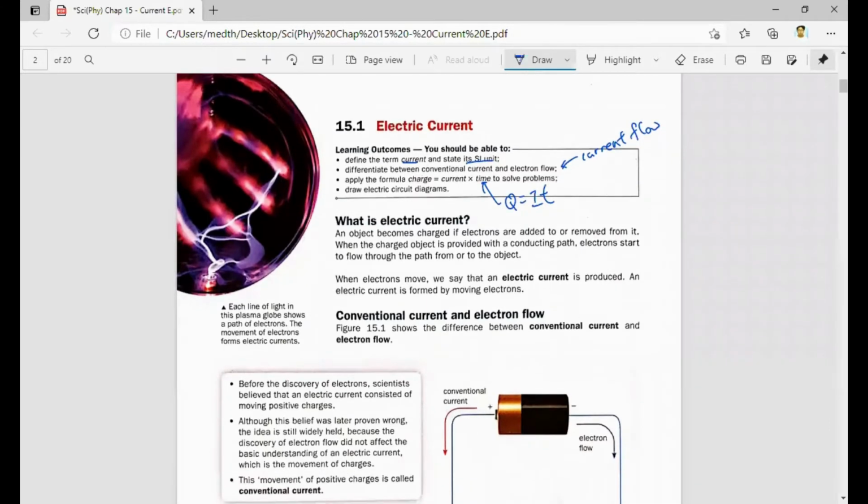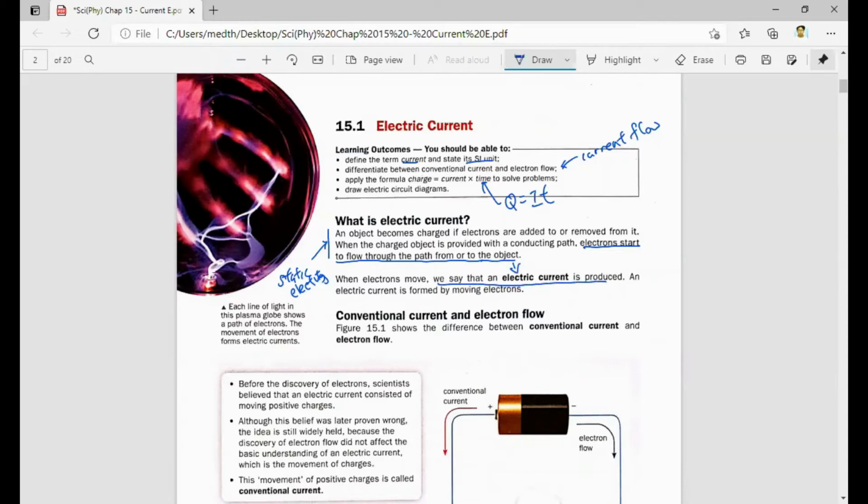Okay, so let's start. What is the electric current? This part here is just describing static electricity. We know that atoms or objects become charged due to the electrons being removed or added. Now, the key thing here is that when the electrons start to flow through the path or to the object, this is where a current is produced.